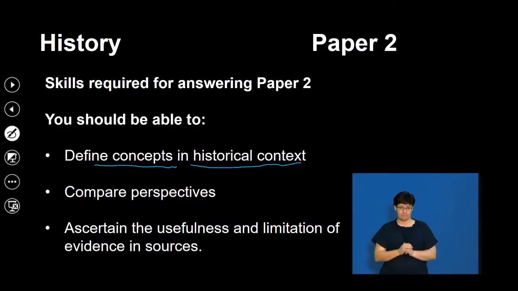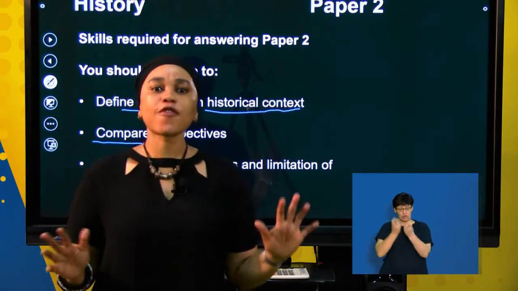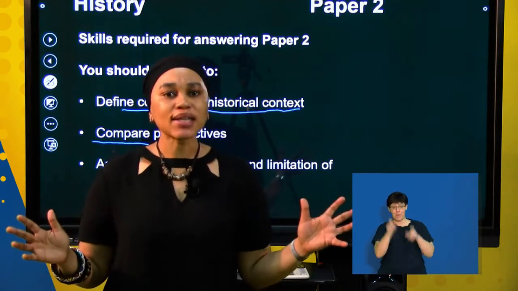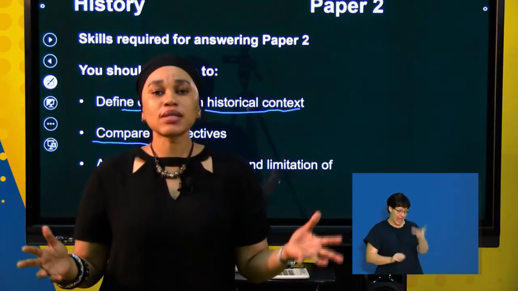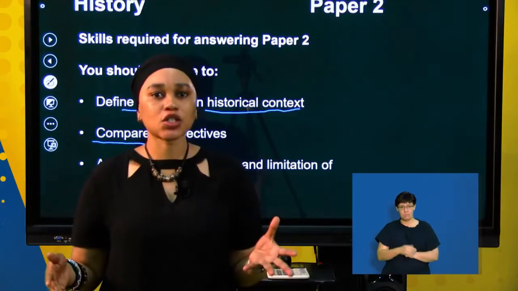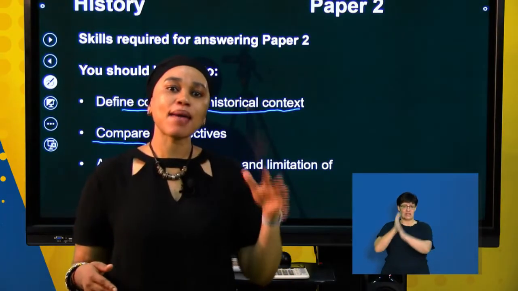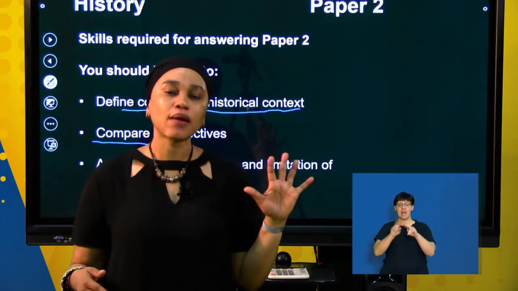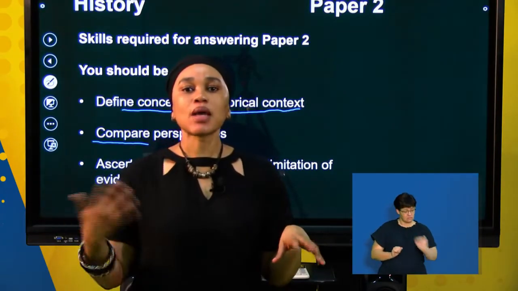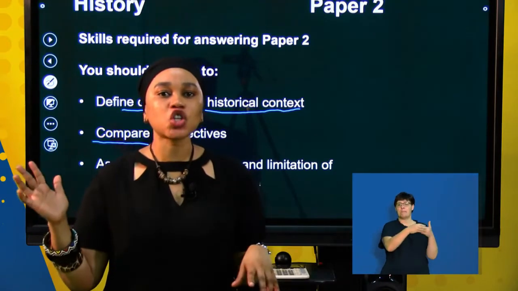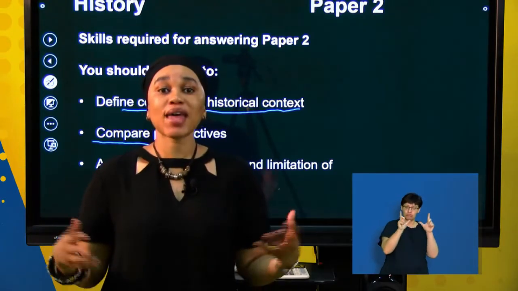Okay. And then the next thing is to be able to compare perspectives. So now you will know that history sources come from different people who might have experienced the event in different ways. For instance, if you're looking at South African history, if a source is written by a member of the National Party, his perspective will obviously be different from someone who was a member of the Black Consciousness Movement or even the ANC.